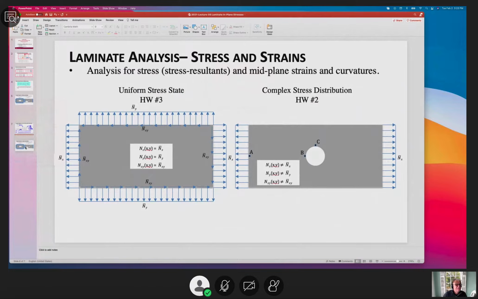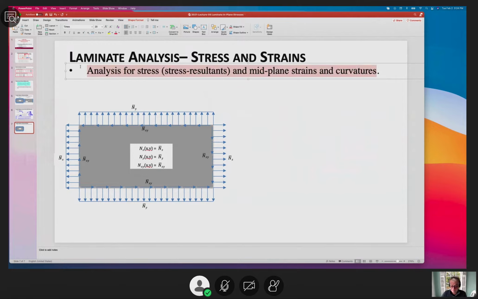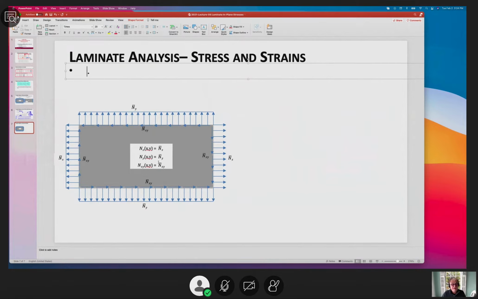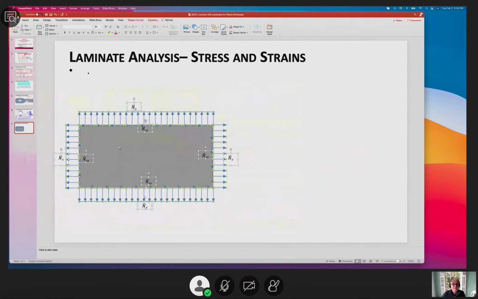I think it's worthwhile to spend just a little bit more time on this, and make up a problem where things are not going to be uniform any longer.